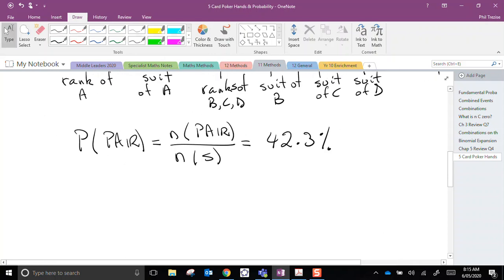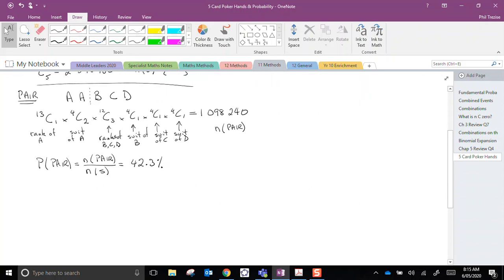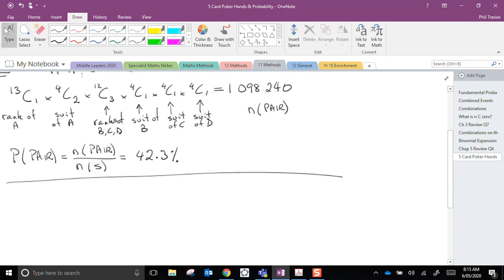So it's reasonably likely that when drawing 5 cards at random from the deck, you'll get a single pair of cards. Now, of course, that's not the only possible pattern that we could produce here, is it?